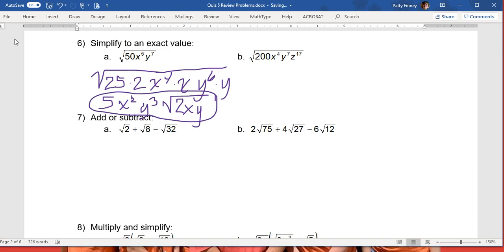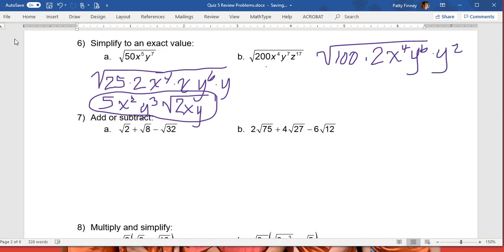For part B, we've got 200, x to the 4th, y to the 7th, z to the 17th. Well, we're still doing square roots. The square root of 200 is 100 times 2. X to the 4th, that's even, so we can keep it. Y to the 7th, y to the 6th times y.